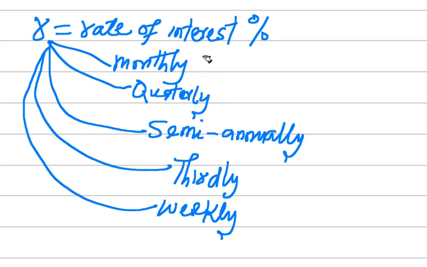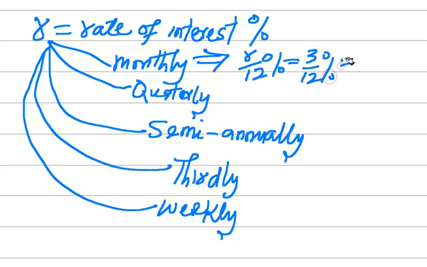If R is compounded monthly, you just say R divided by 12. So whatever is given to you as the rate, you divide it by 12, and the answer will still be in percentage. If you are given something like 3% compounded monthly, you will just say 3 over 12%, which from the calculator, 3 divided by 12, gives 0.25%.